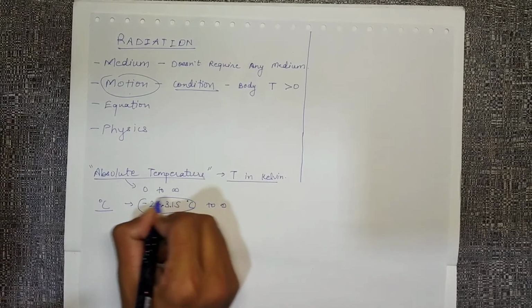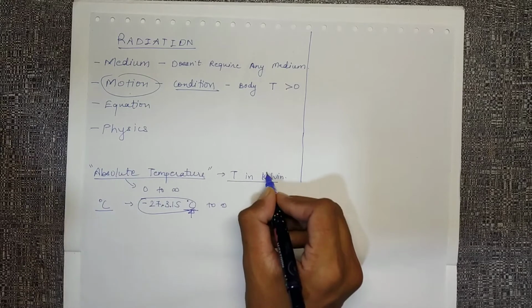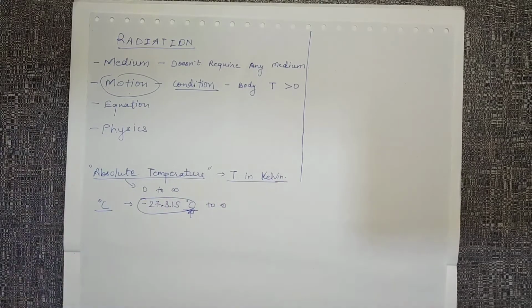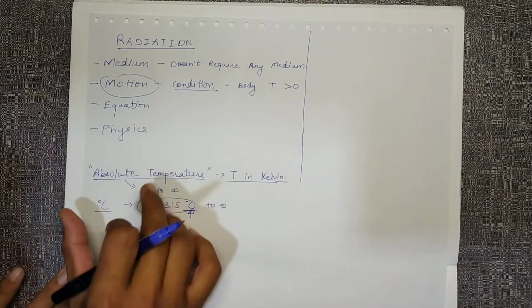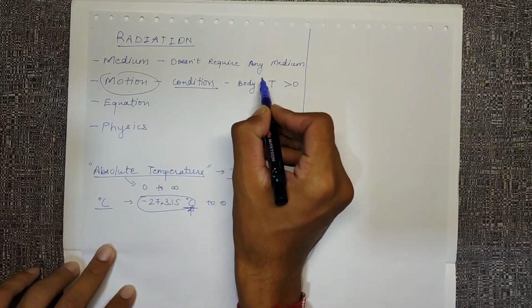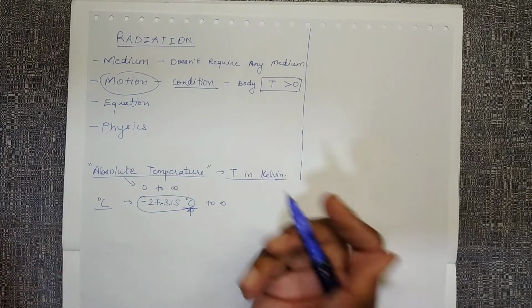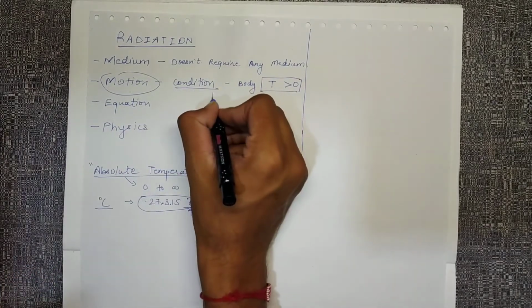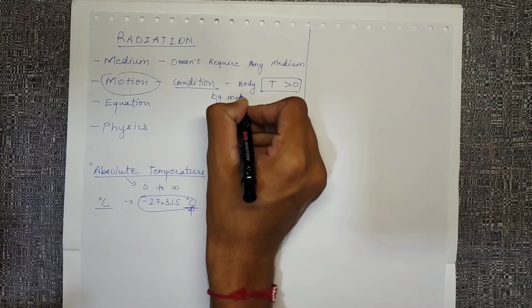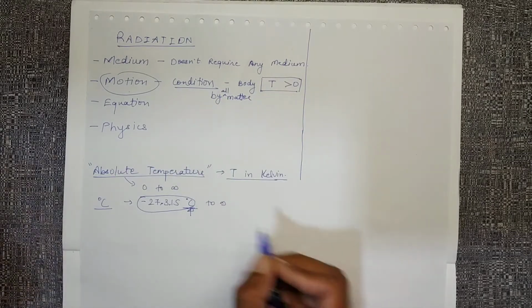So negative values are possible if we use degrees Celsius, but for Kelvin, there is no negative. That's the meaning of absolute temperature. So the only condition is that the body should have a temperature greater than 0. That is always possible. It can occur in all media, by all matter, doesn't matter.